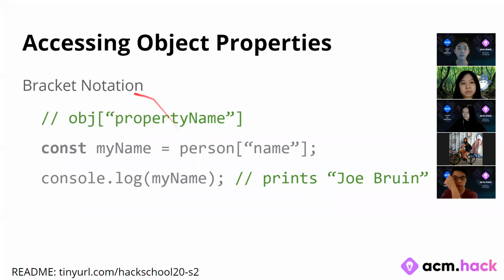You can do the same thing with bracket notation, which is a bit different. You use square brackets and put the name of your property in quotes, so it's basically like a string. This can be helpful if you have a variable that's holding a string and you want to use that to access a property instead of dot notation.